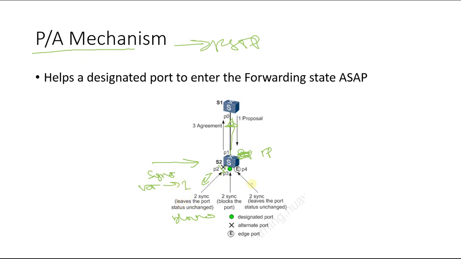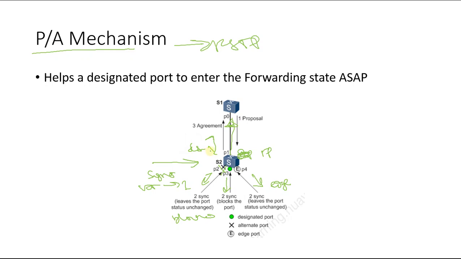P4 is an edge port and doesn't participate in calculation, therefore only the non-edge designated port P3 needs to be blocked. After P2, P3 and P4 enter the discarding state, their synced variables are set to 1. The synced variable of the root port P1 is then set to 1.